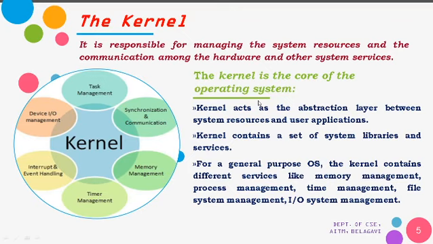The kernel will act as an abstraction layer between the system resources and the user applications, and the kernel contains a set of system libraries and services. So for a general purpose operating system, the kernel contains different services like memory management, process management, time management, file system management, then input output system management here.